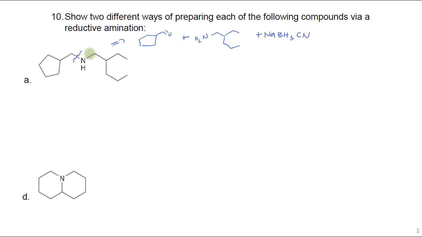And you can also break it on this side, where you would use that, plus the other half is the carbonyl, plus NaBH3CN.